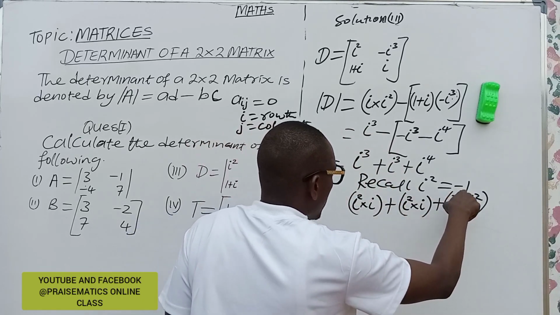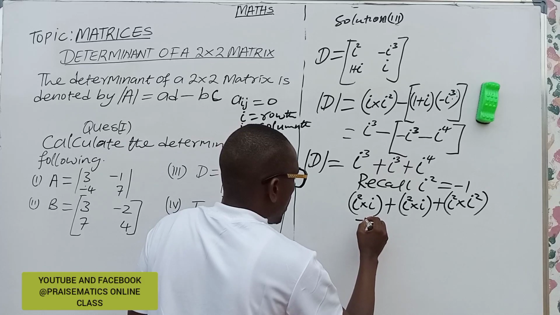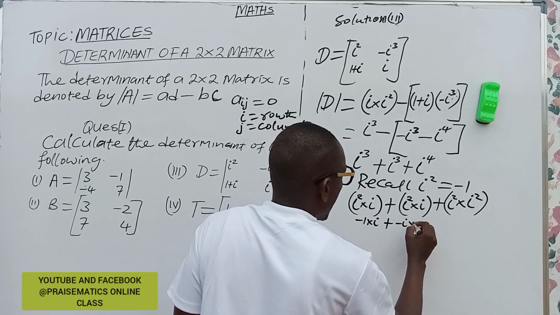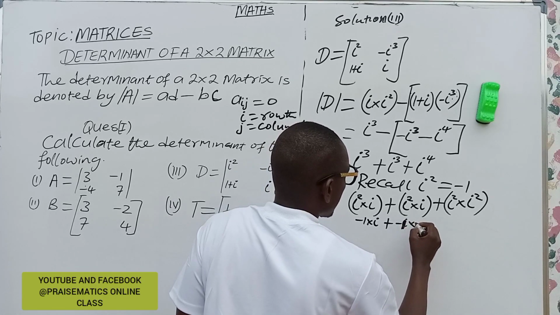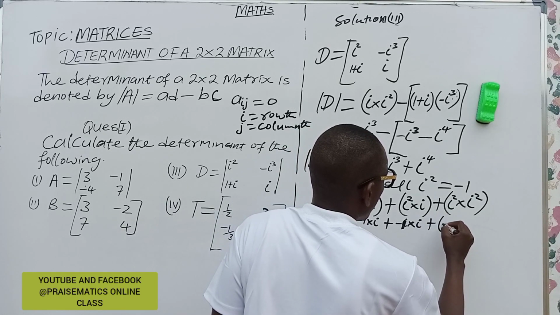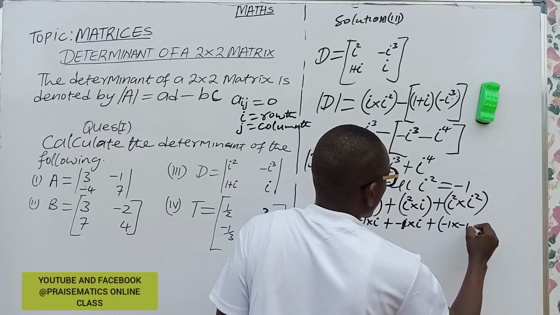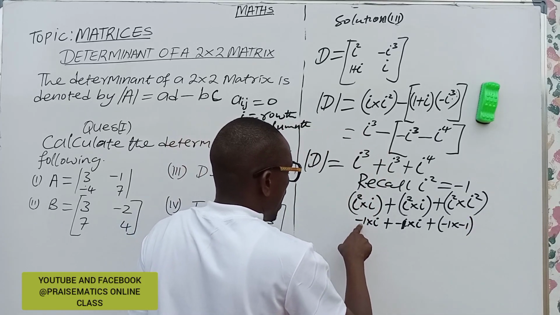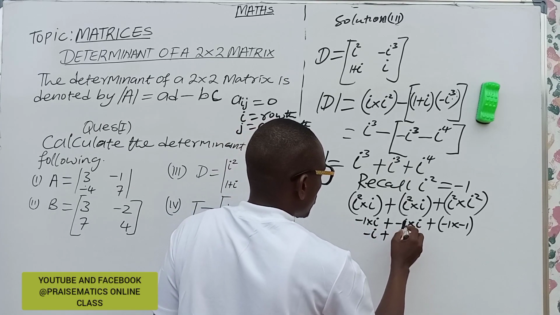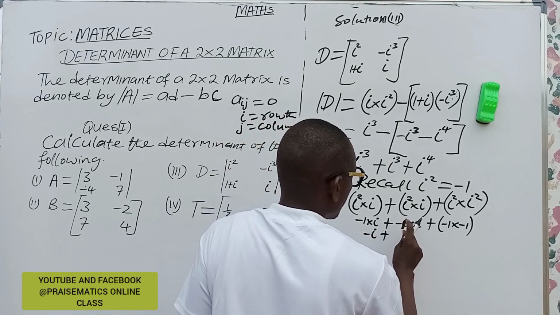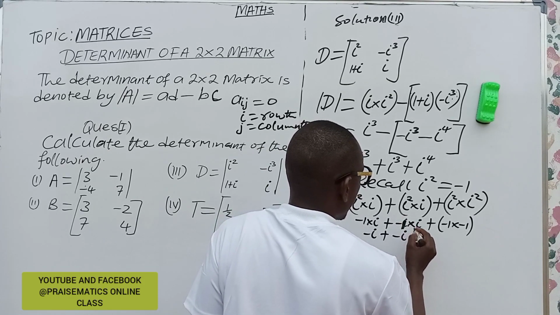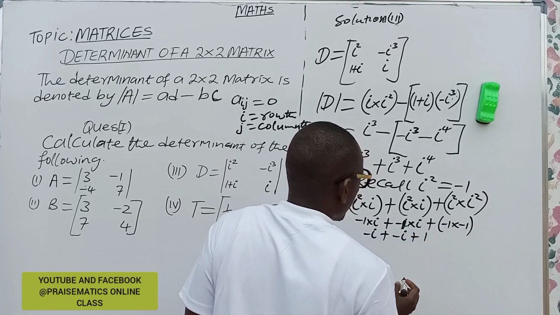If this is minus 1, what do we have? Minus 1 times i plus minus 1 times minus 1 times i plus minus 1 times minus 1. Close it. What do we have here? We have i times 1 minus 1 times i will give us minus i, plus minus times minus, which gives us minus i. 1 times 1 plus 1.